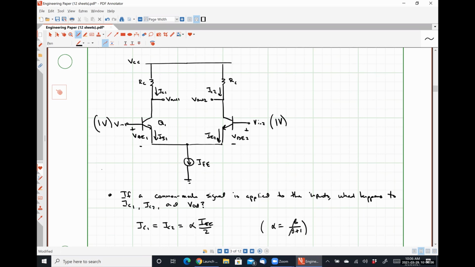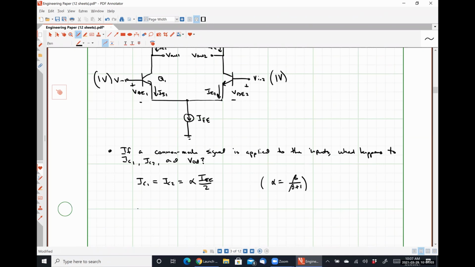Vout2 should be VCC minus ICRC. And the difference of those output voltages must continue to be 0. So we have complete common mode rejection. None of our common mode signal is amplified in any way, shape, or form. It is all entirely attenuated.